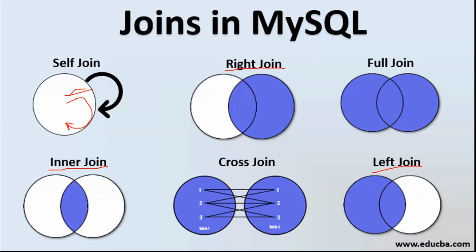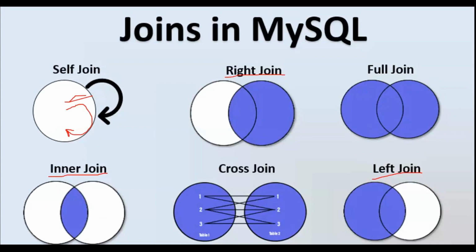If the things are common between these two, then only the output will be there using the inner join. Let me search one thing in my data. I will show you an example through which you will understand each and everything of it.